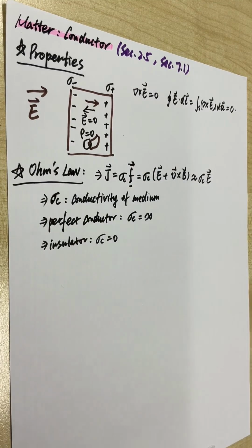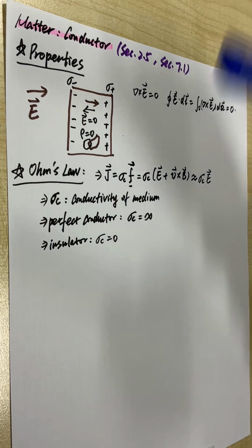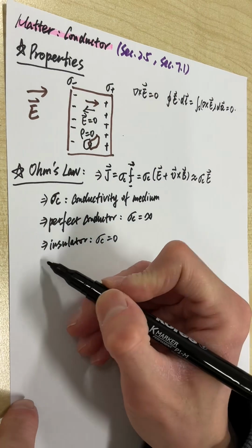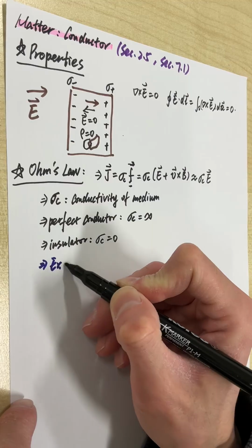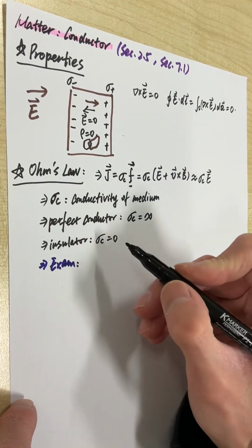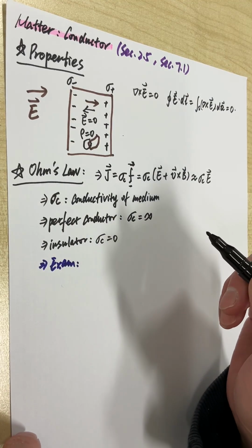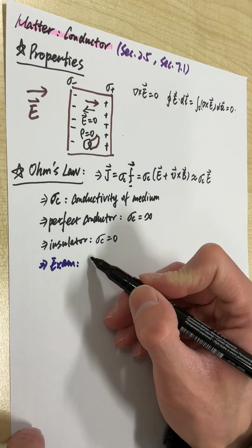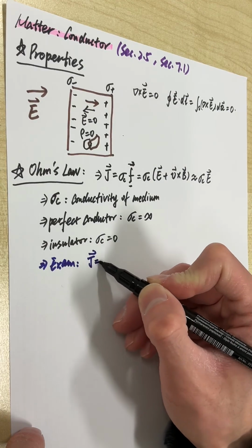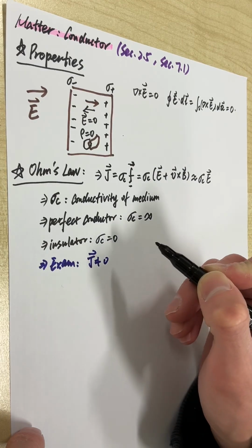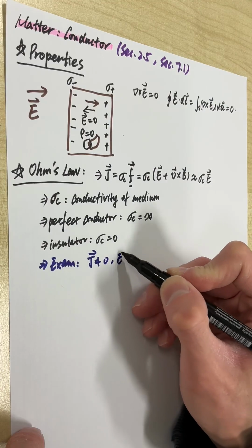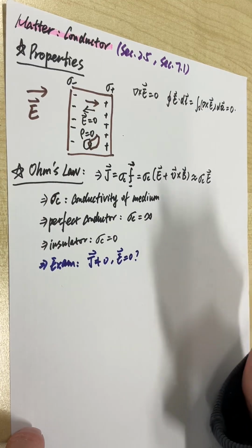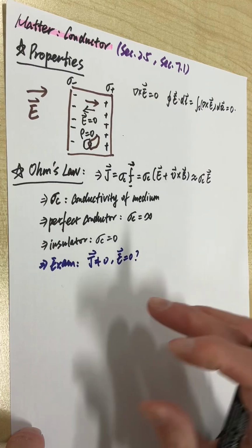So here's a past exam question, a very simple one. The question is, does it happen that we have current, so current doesn't equal 0, but we have electrical field equal to 0? Does it happen? Of course it happens.